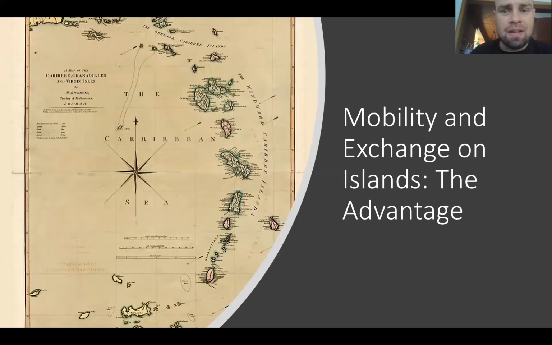So, and again, just repeating what I said in the intro. Why are islands so good for studying mobility and exchange, the movement of goods and the movement of people? Islands are these discrete places. There's limits to the island. And they're small systems. They may not have all of the varied resources of a mainland. And because of that, it makes it easier.